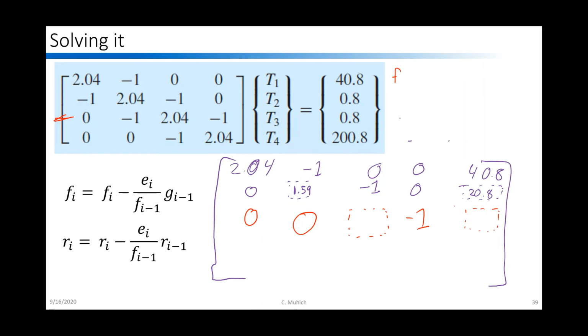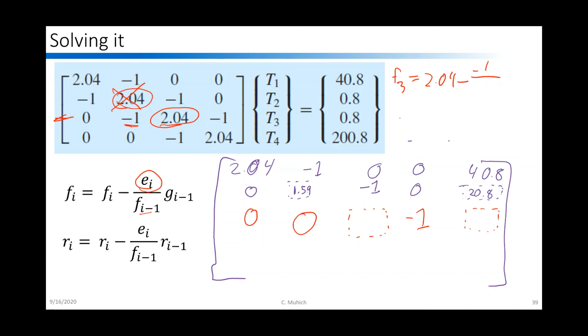So let's do this out. So F3 is going to be the old F3. That was 2.04 minus E3, that's negative 1, over F i minus 1. So in this case, we don't take 2.04, so we don't take that one.